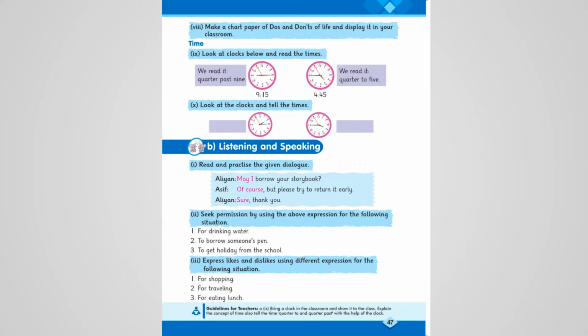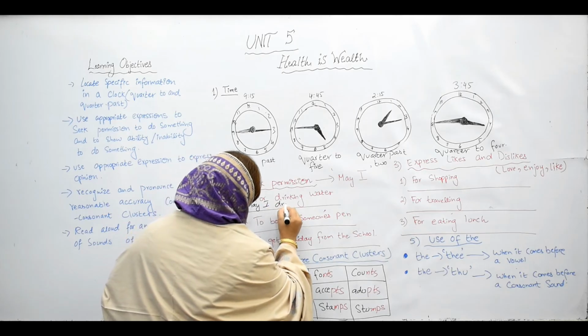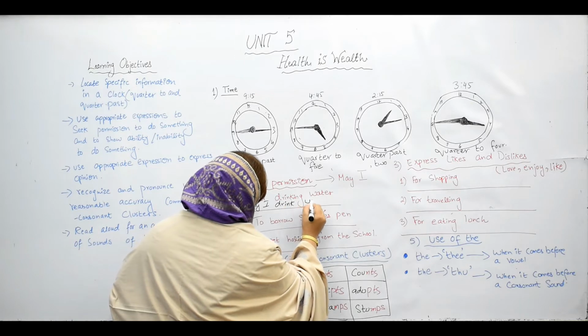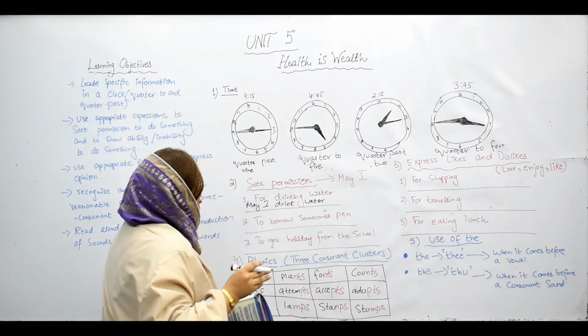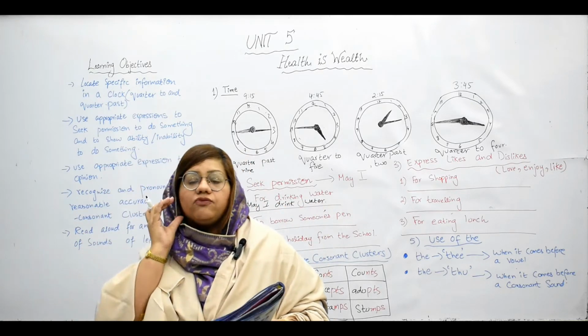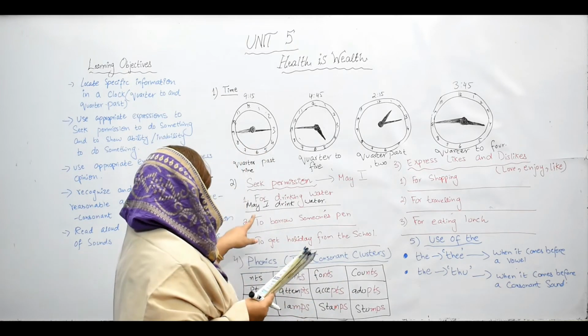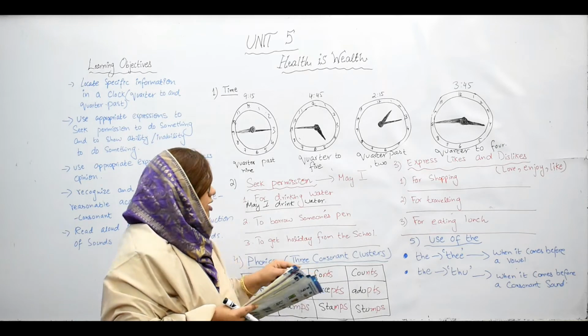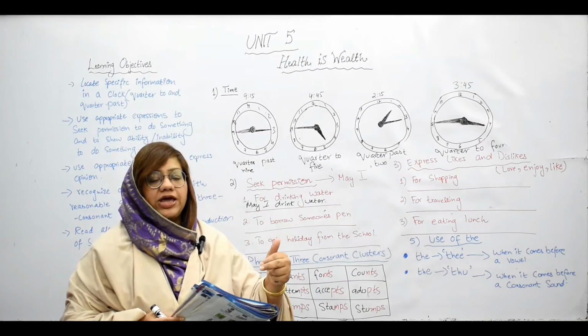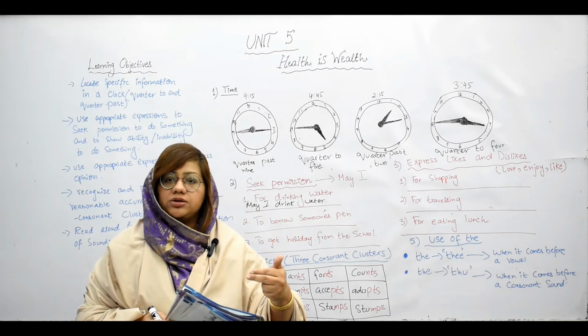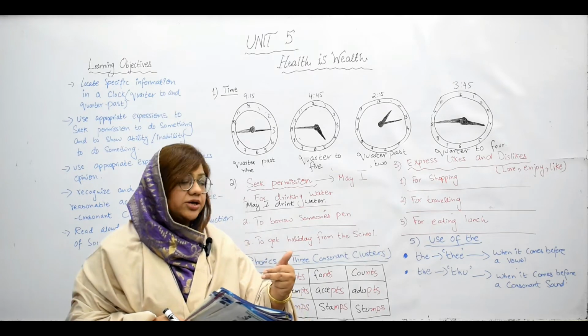So what is the best way to ask? Here we write, may I drink water. For seeking permission, for making a request, what do we use? Yes, may I. So this is the appropriate way to request someone for something.